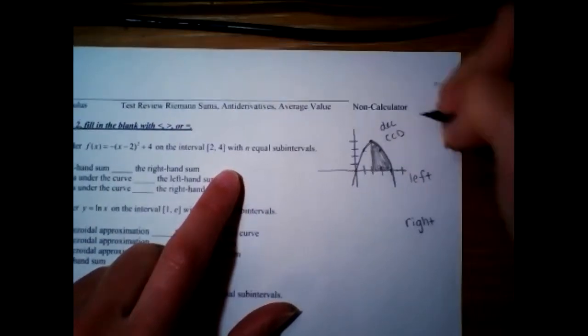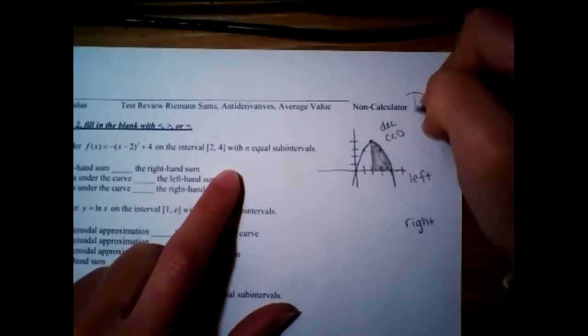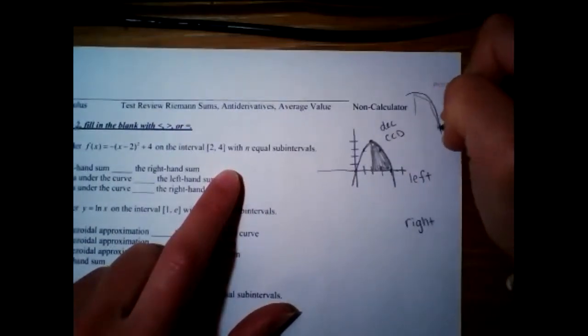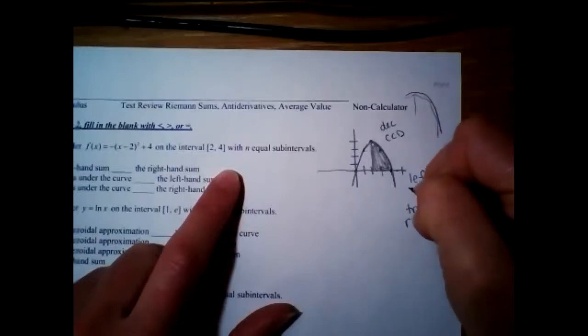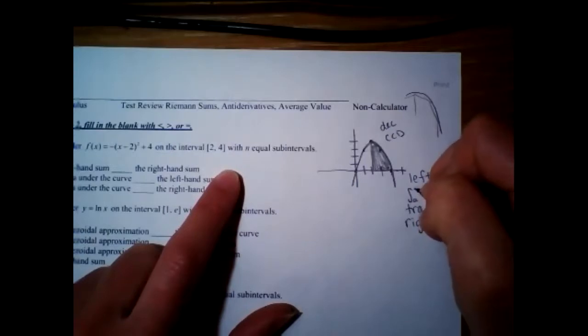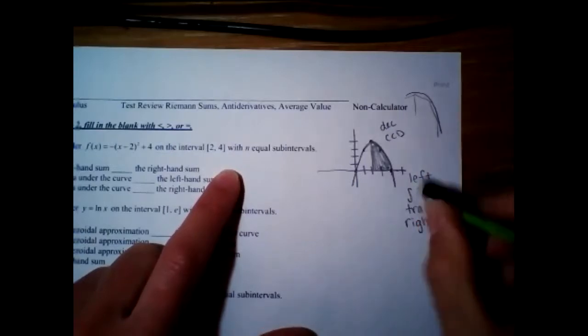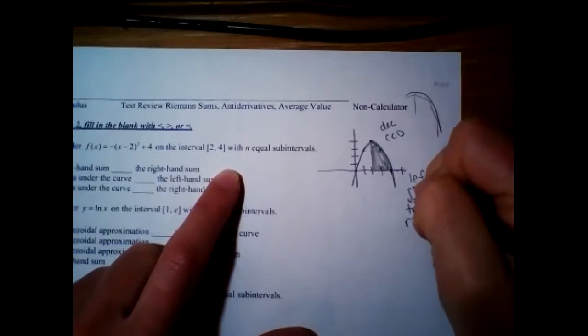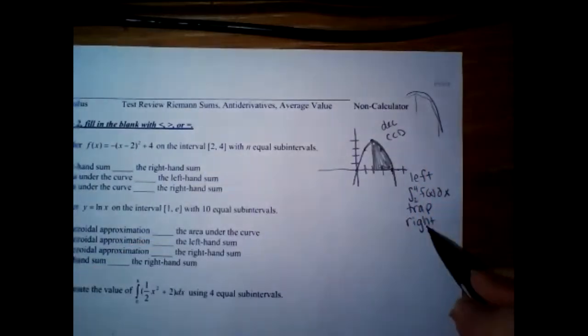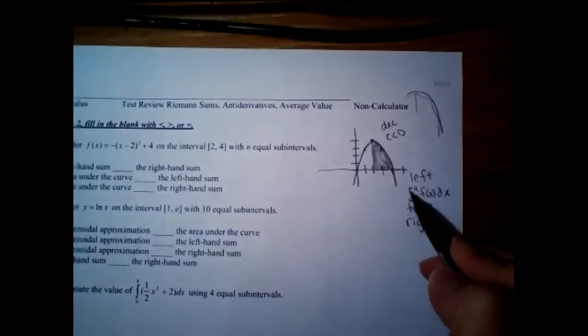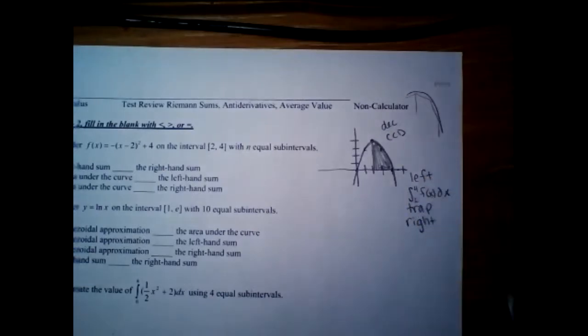If you have something that's concave down and you draw in the trapezoids, they're going to be slightly underneath. So trapezoidal will be just below the true area, which I was going to put a to b, but I guess we have the actual numbers. It would be from 2 to 4, f of x dx. So this is the lowest, this is the highest, this is the true area. Trapezoidal would just be slightly below that.